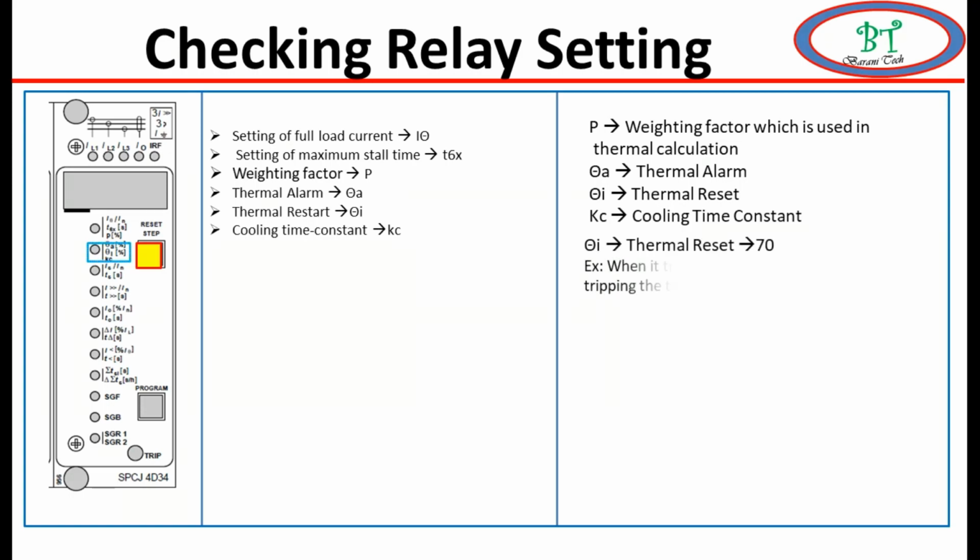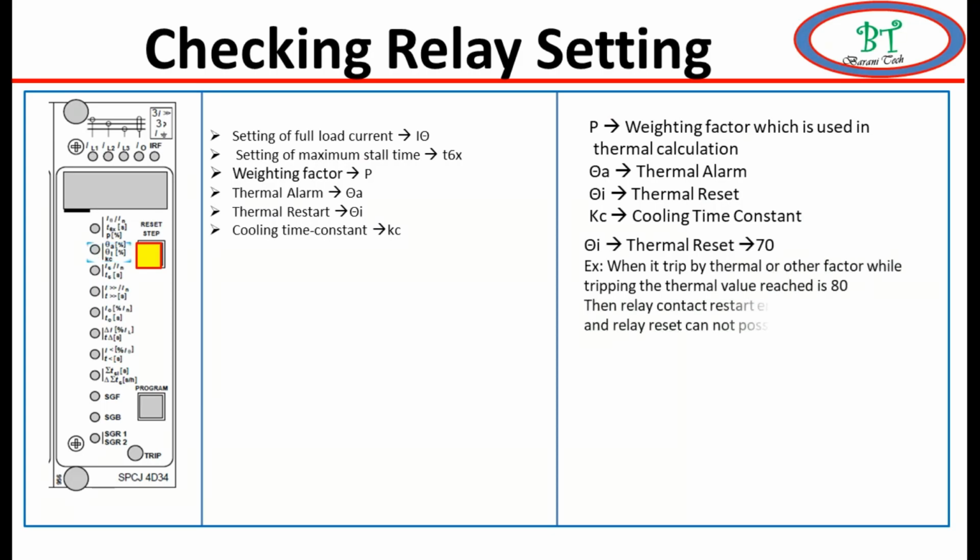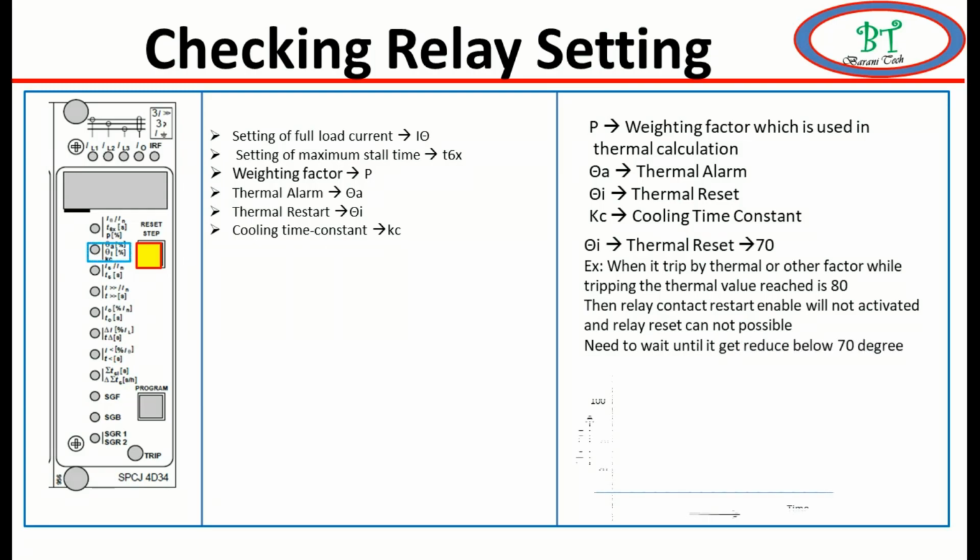While starting the motor or during running time, if it is tripped by thermal or another factor, during that time if the relay thermal value is at or above 70 degrees, then the relay reset contact will not activate and the relay reset is also not possible. We have to wait until it reduces below 70 degrees.